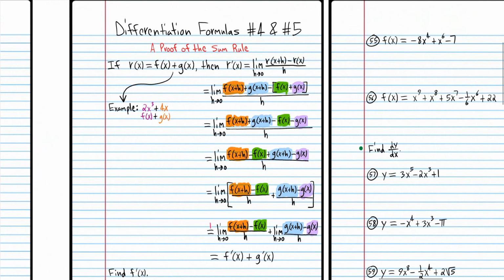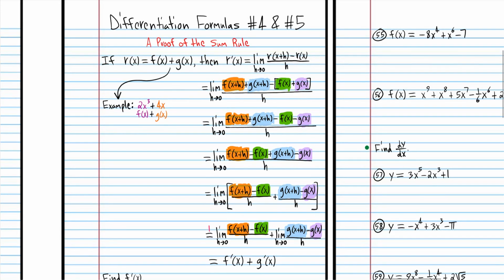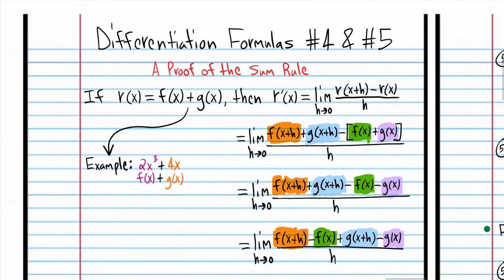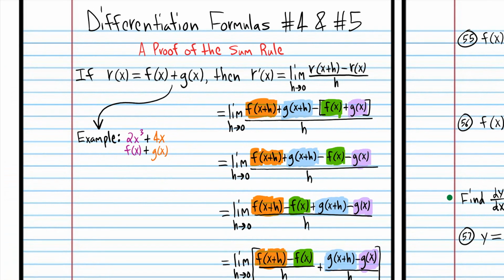So here is the proof of that. If we let r of x equal f of x plus g of x, an example might be f of x would be 2x cubed, and g of x might be 4x. In order to find the derivative, we use our formula that we learned in the previous class.